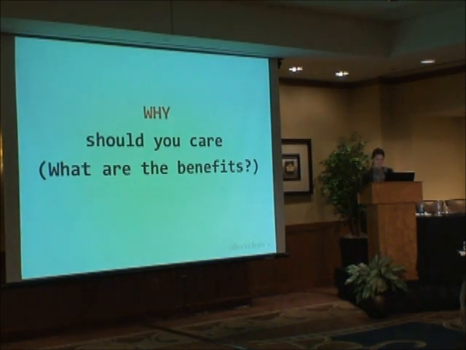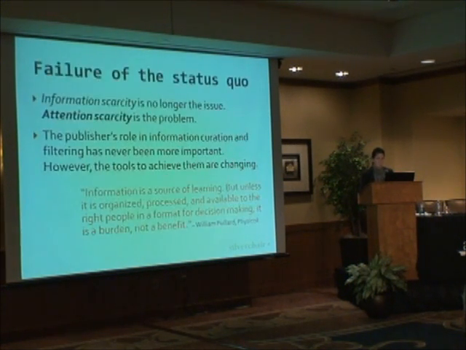So why should you care? What are the benefits of tagging? So first, I think, is that what we're doing now really isn't working very well for our users. They are overwhelmed and frustrated by the amount of information that is coming at them.